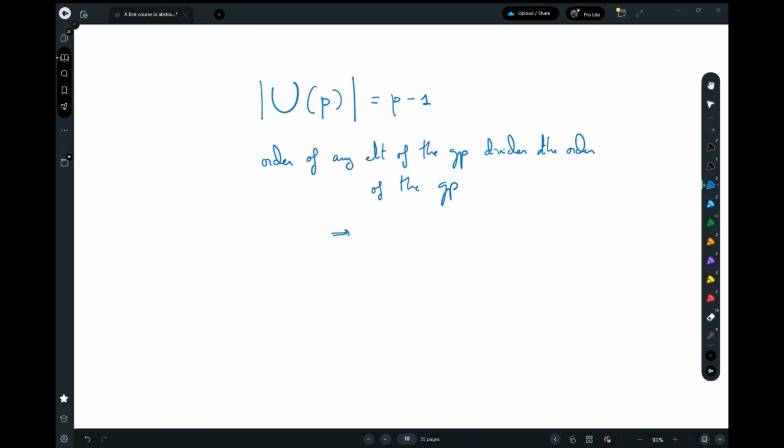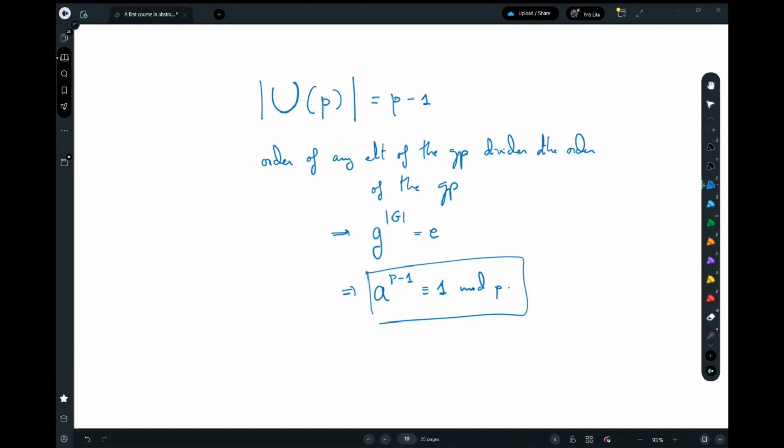And in particular, any element to the order of the group has to be the identity. And that implies that A to the p minus 1 has to be 1 modulo p, which is Fermat's little theorem.